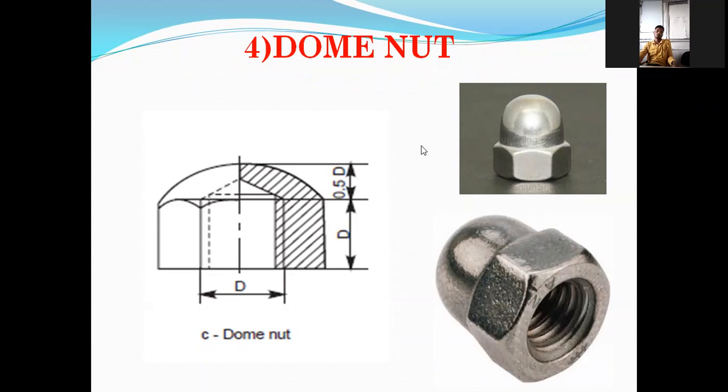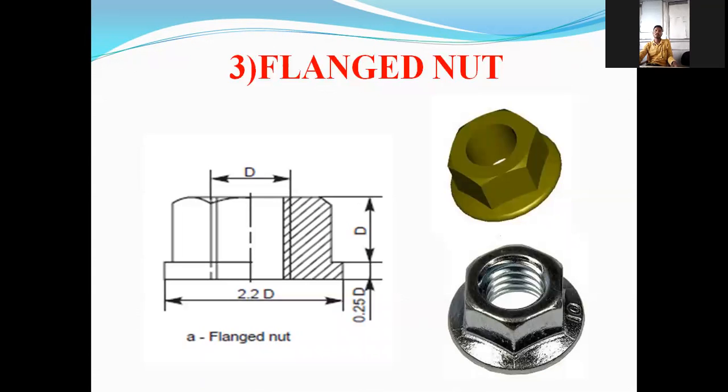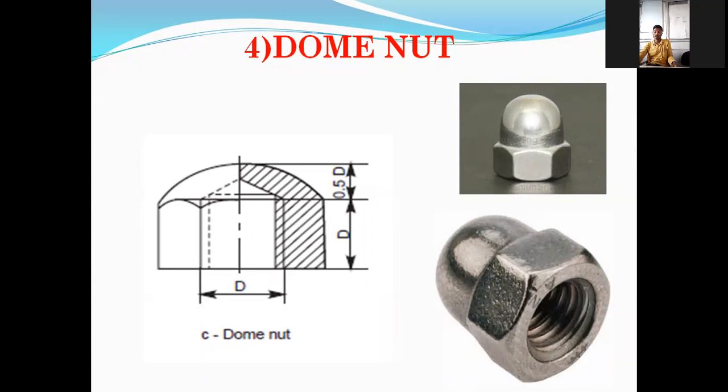Dome nut. Looking to the 3D diagram and 2D diagram in front of you, what do you feel? What is a dome nut? Again, like this flanged nut, it is a subtype of hexagonal nut only.